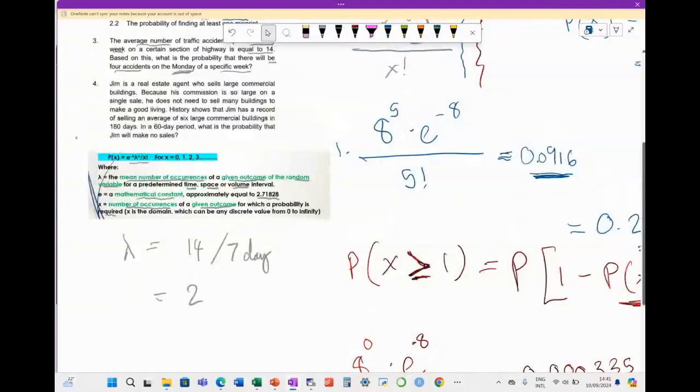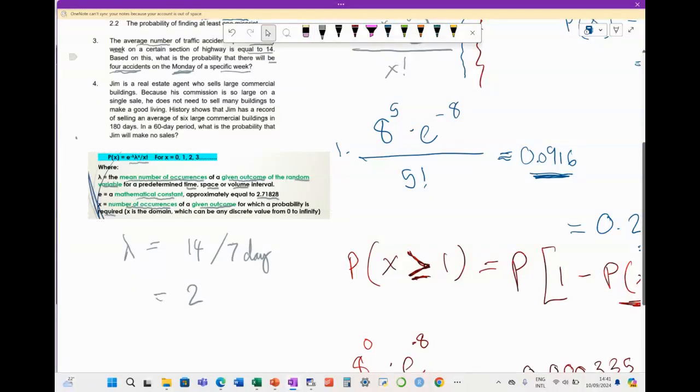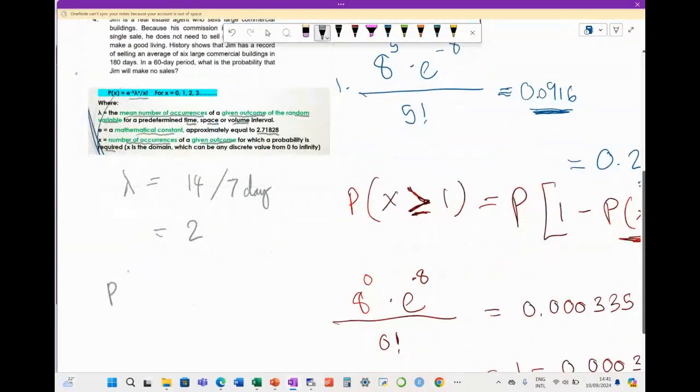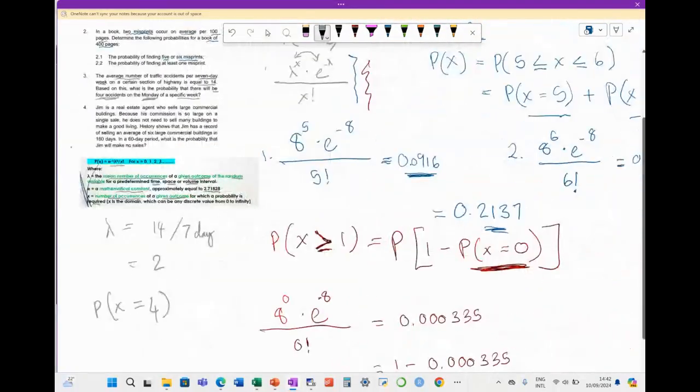Then we say to ourselves, okay, we've got that. Now we want to assess the probability that we have 4 accidents. We don't want more, we don't want less, just 4 accidents. So here we're looking at the probability of x being equal to 4. So then we plug that into our formula again, which is right here.